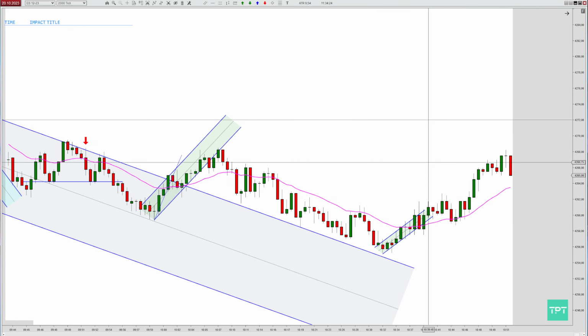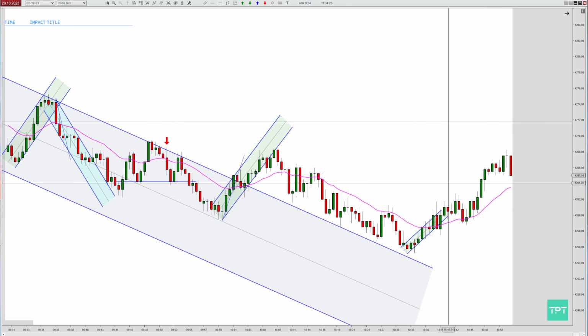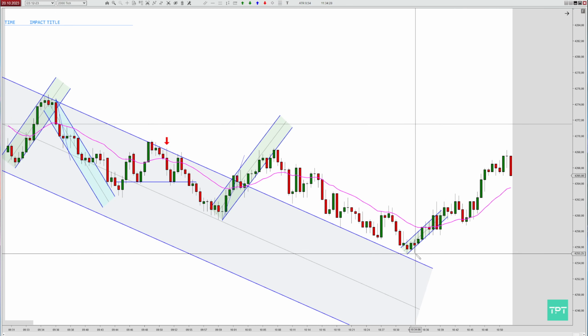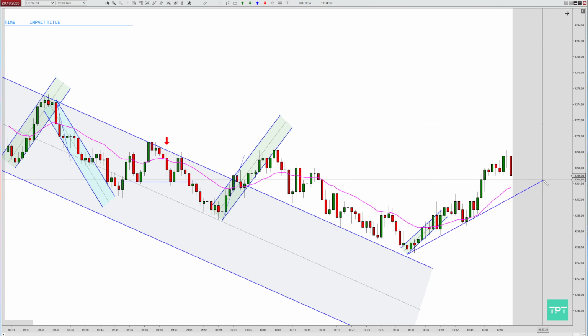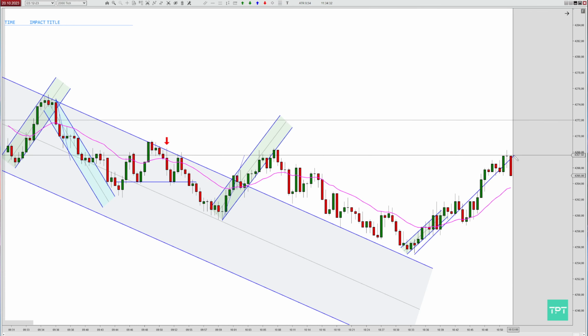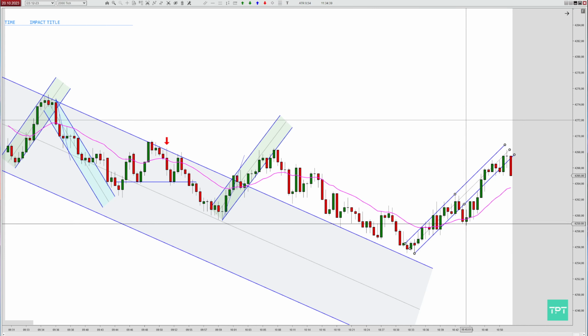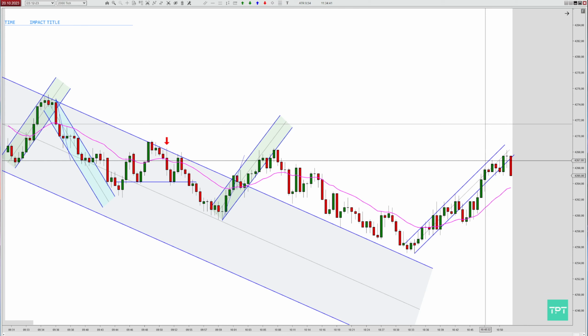Now we're going higher here after this channel played out. Prices are forming some strong buying here. Let me find a potential channel. This could be it, with a potential first break and retest of the extremes already.